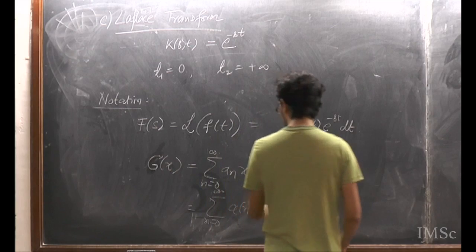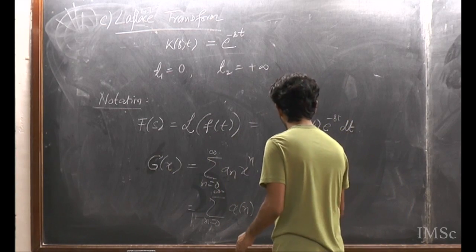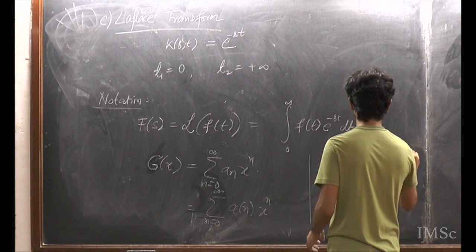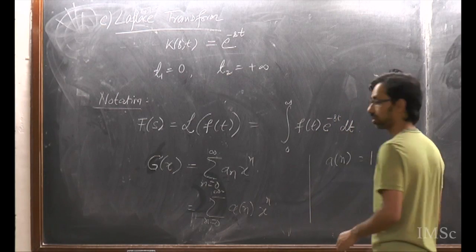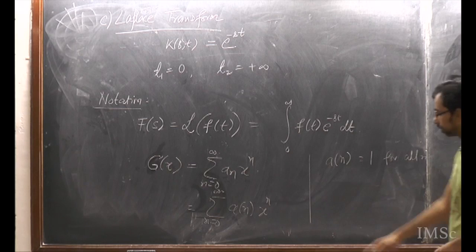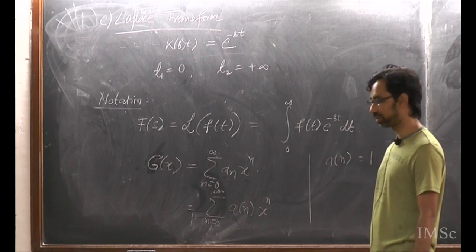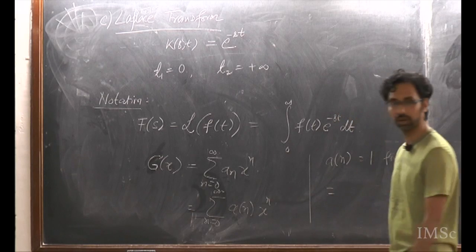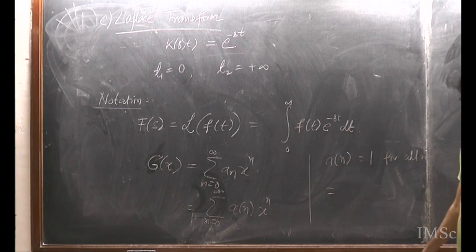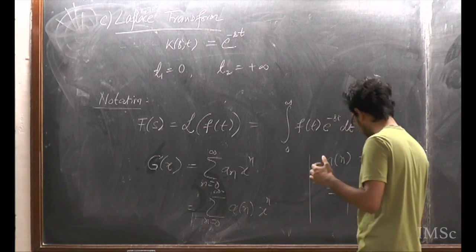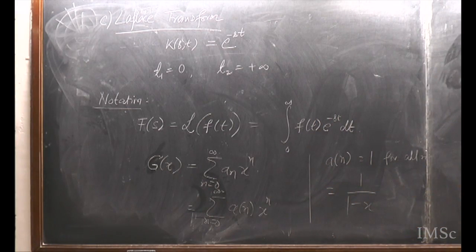Now this power series, suppose a_n is 1 for all n, right? What will you get here? It's a geometric series. What will be the answer? 1 over 1 minus x. Something else?